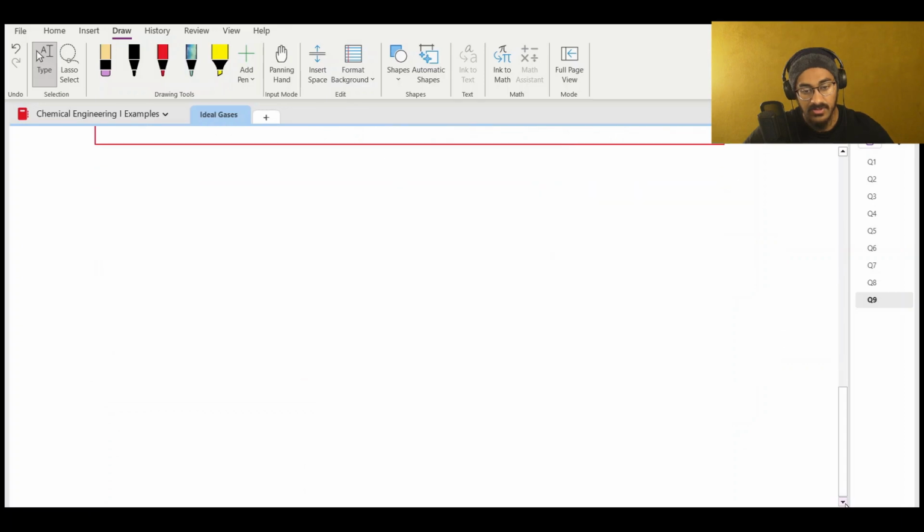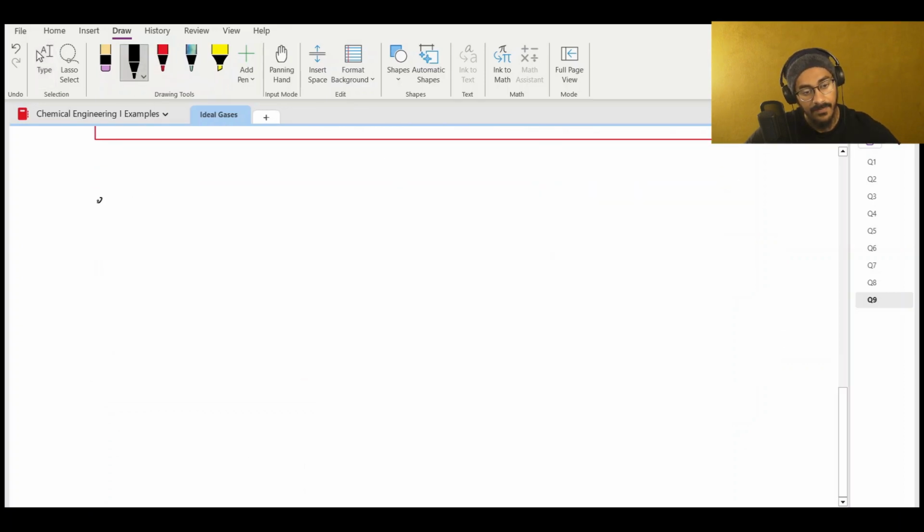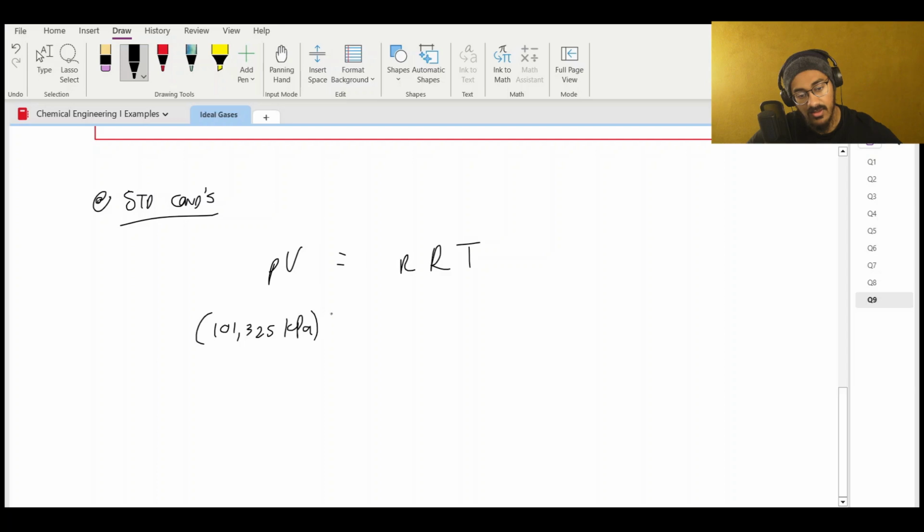Okay. So I'm going to say here, at standard conditions, I know that PV equals nRT. My pressure was 101.325 kPa. My volume was 5.22 cubic meters per second.